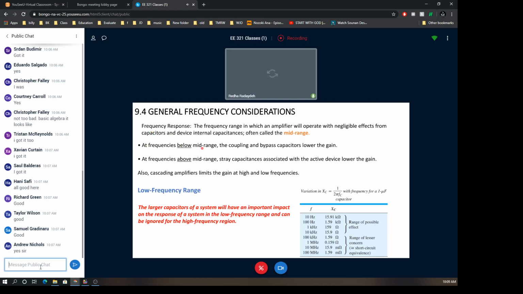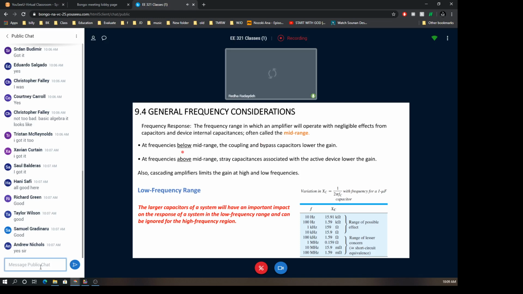At frequencies below that mid-range, the external capacitors, which are the coupling capacitors and bypass capacitors that we add to the circuit in order to design the amplifier, lower the gain at low frequencies.